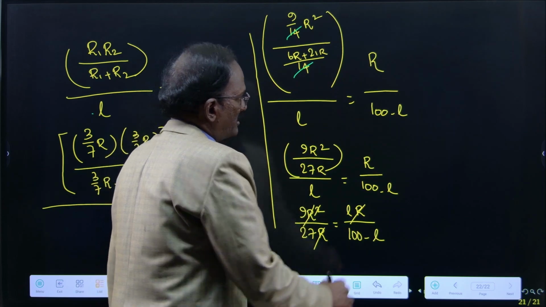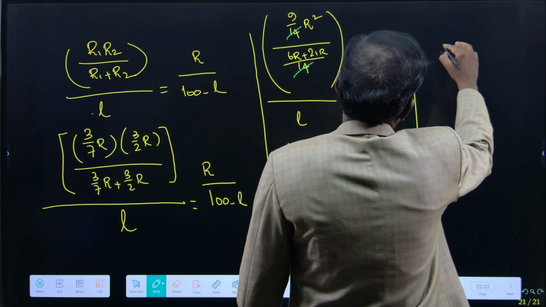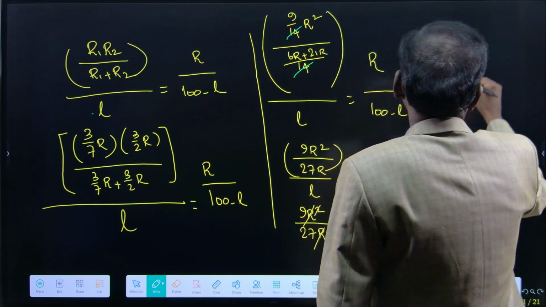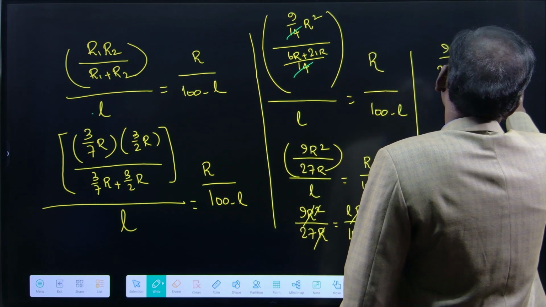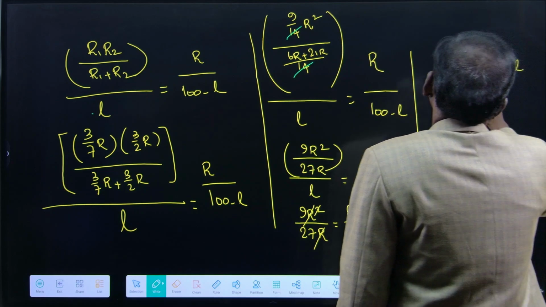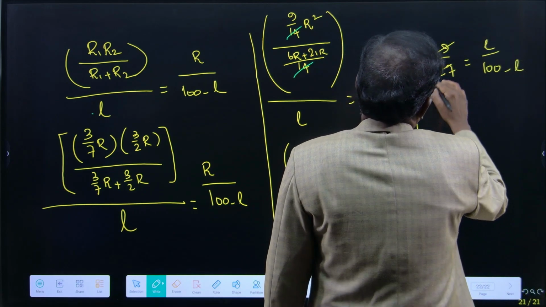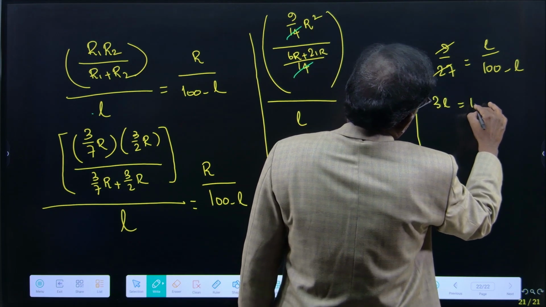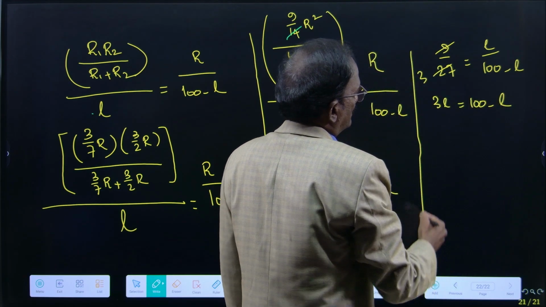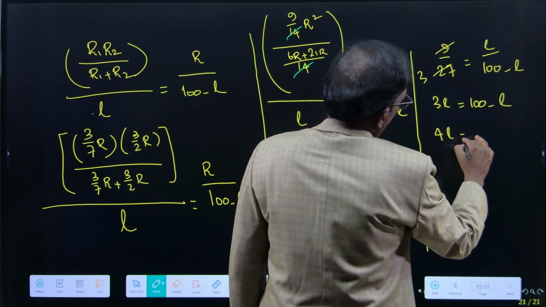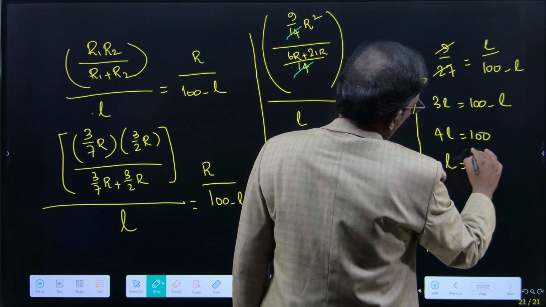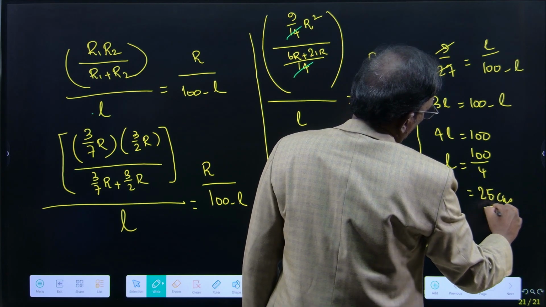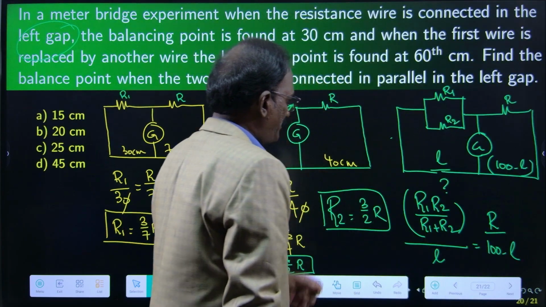So 9 divided by 27 is equal to L divided by 100 minus L. This is 1 by 3, so 3L is equal to 100 minus L. 4L is equal to 100. L is equal to 100 by 4, which is 25 centimeter. So the balancing point is 25 centimeter.